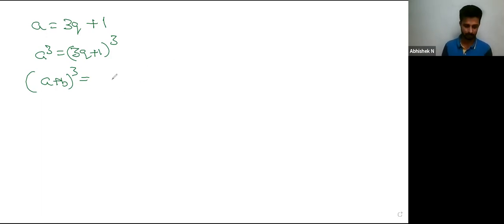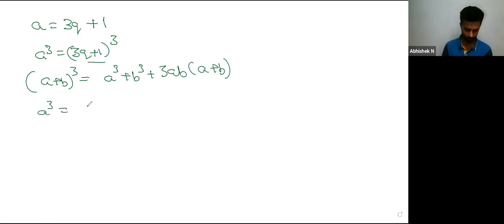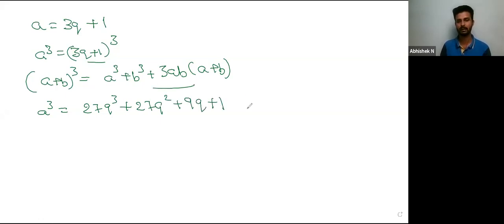That is a cube plus b cube plus 3ab into a plus b. Just use this formula and simplify this. We get a cube is equal to 27q cube plus 27q square plus 9q plus 1. Just use this formula and we'll get this simplification.